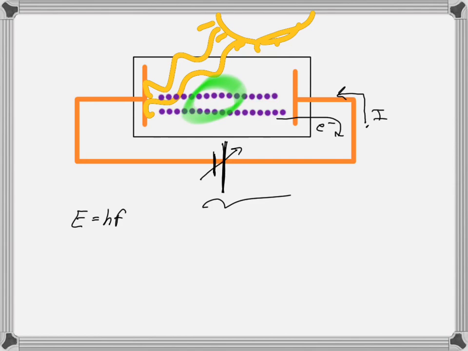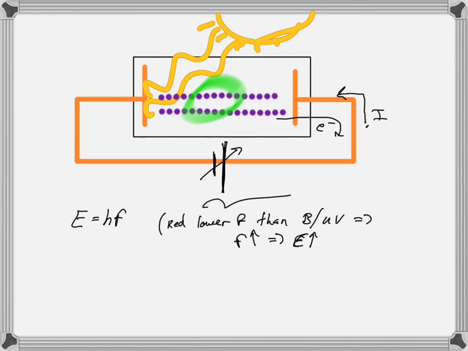And the frequency of red is lower than blue or ultraviolet, right? So therefore, as we go from RGB, as we go up in frequency, as frequency is increased, therefore the energy of light is increased. And that's how we understand it today.